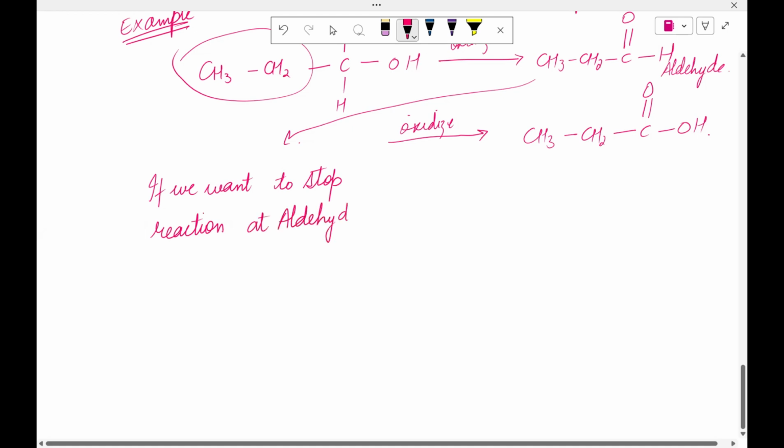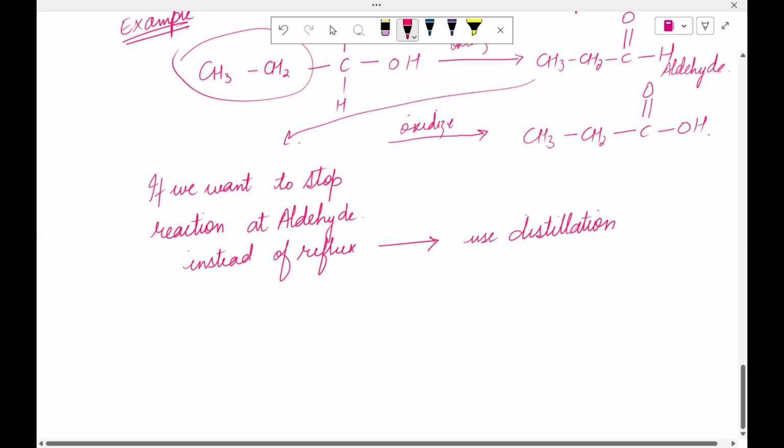Instead of reflux, we are going to use distillation. Okay? Is that clear? We are going to use distillation instead of a heat reflux reaction.